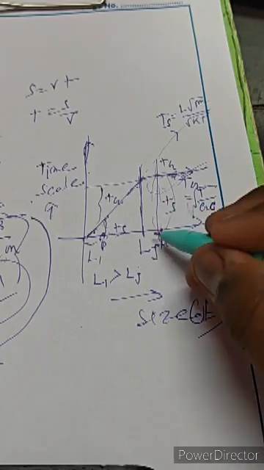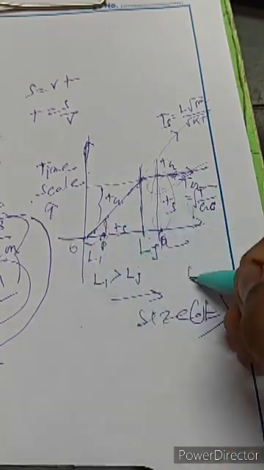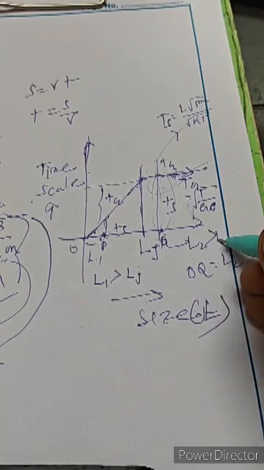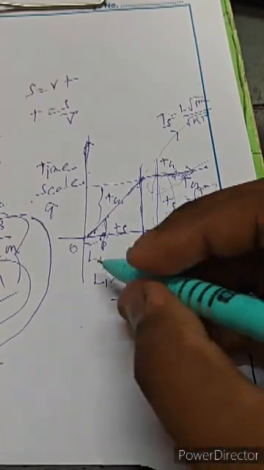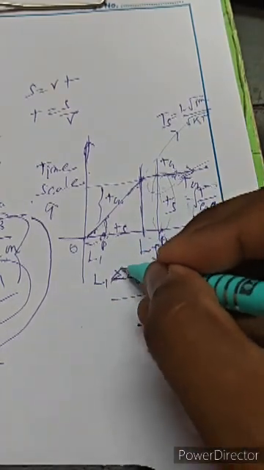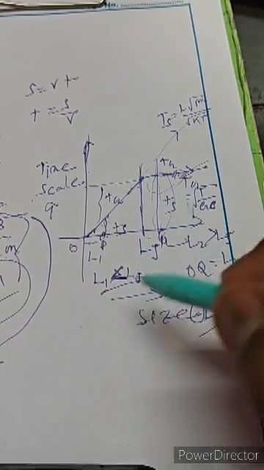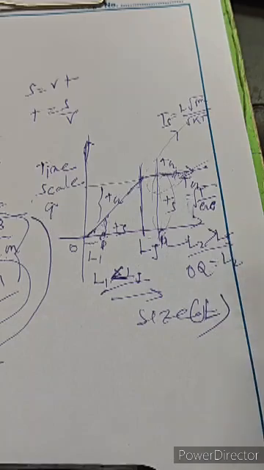Collapse occurs because the length of OQ is equal to L2. L2 is greater than LJ. Oh, sorry, I wrote it wrong. L1 is less than LJ, and L2 is greater than LJ.